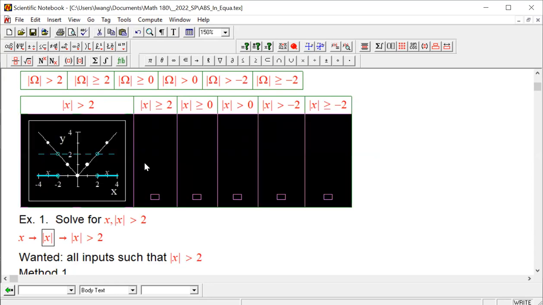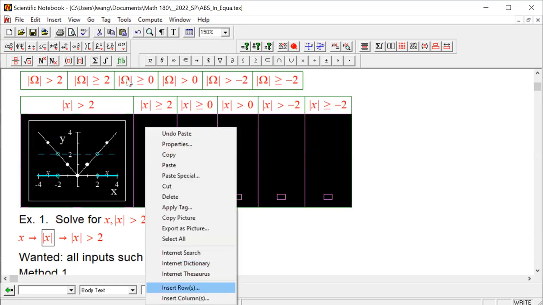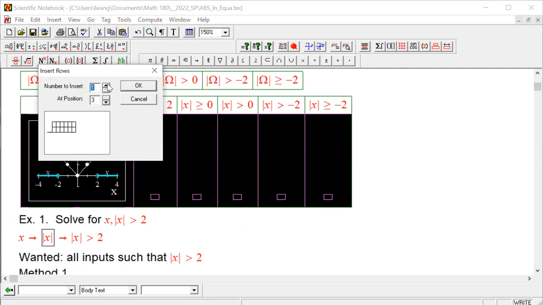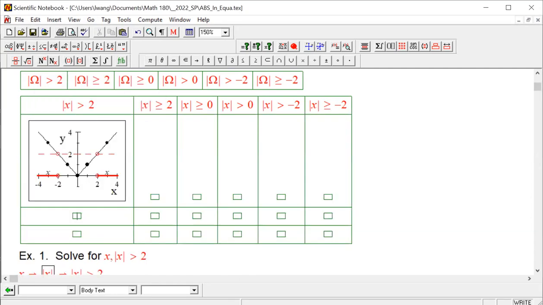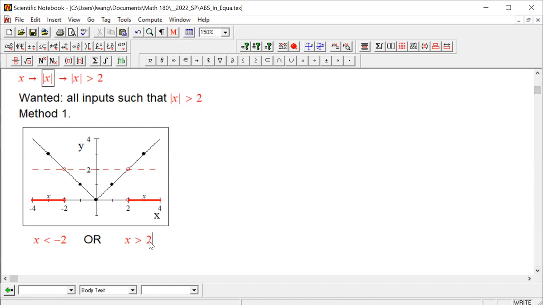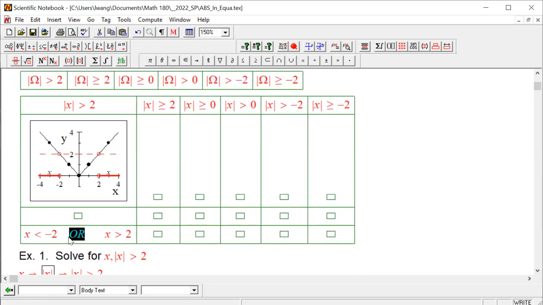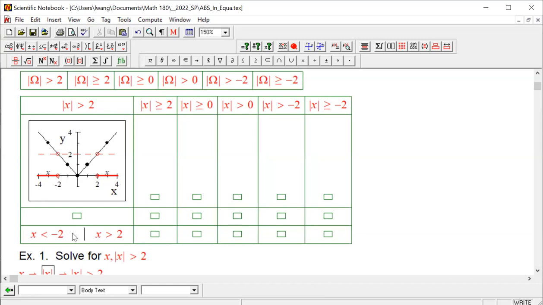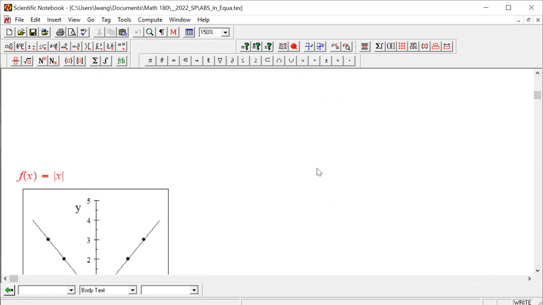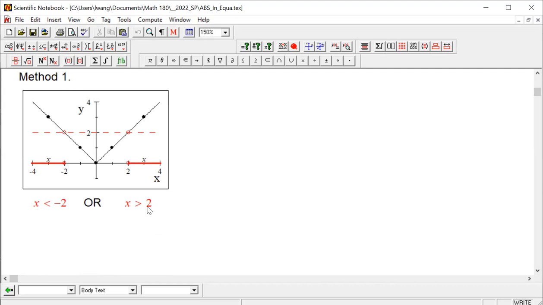And we're going to have 2 rows, and the solution, of course, is x is less than -2 or x is larger than 2. The or case. And of course, we're going to do the solution using definition. So that's the first method.